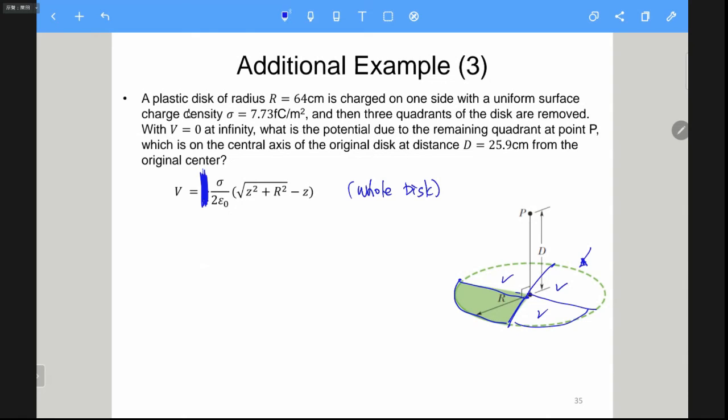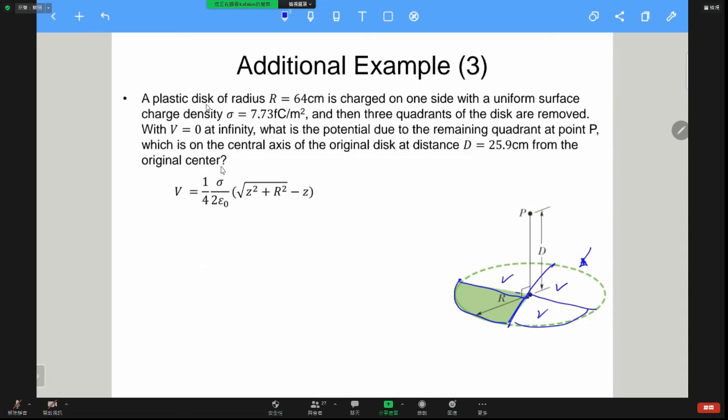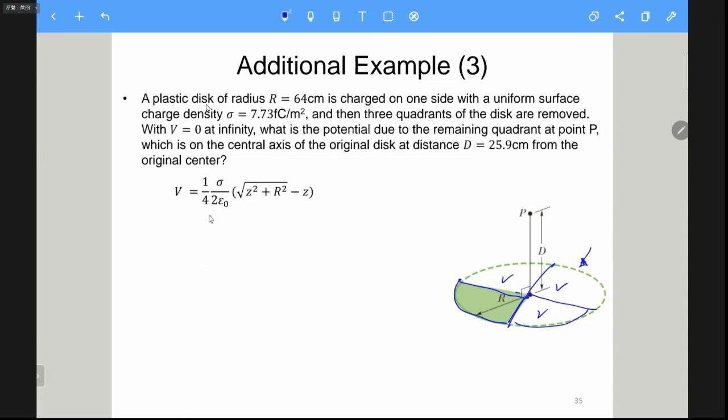So if only 1 quadrant remains, then the potential generated by this disk will be 1/4 of it. So this is the V.